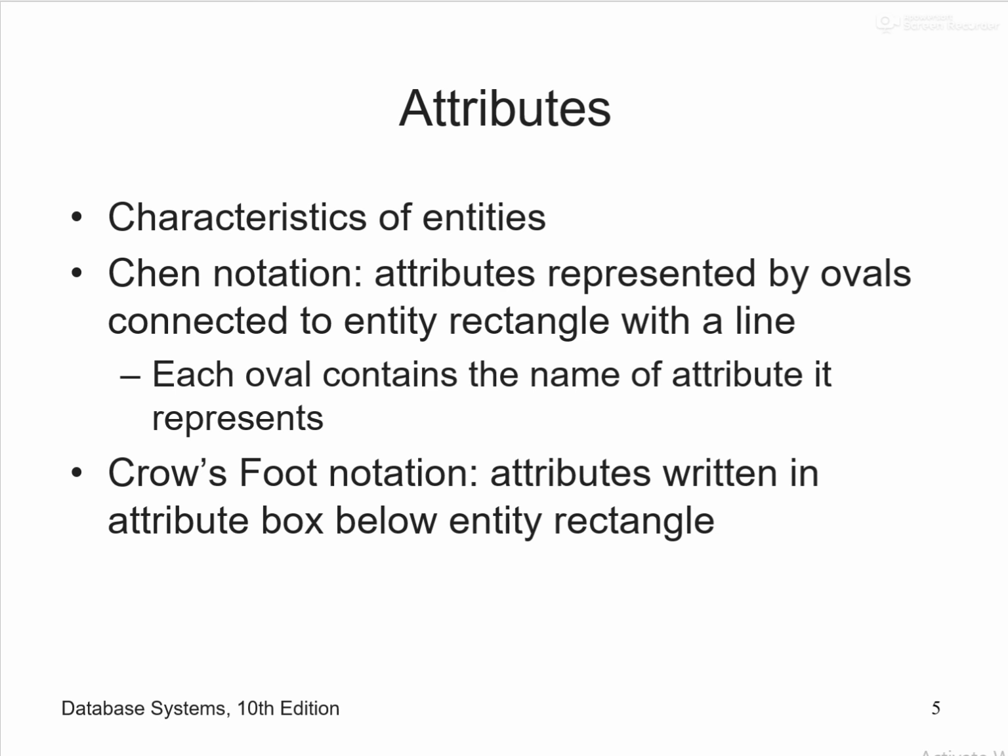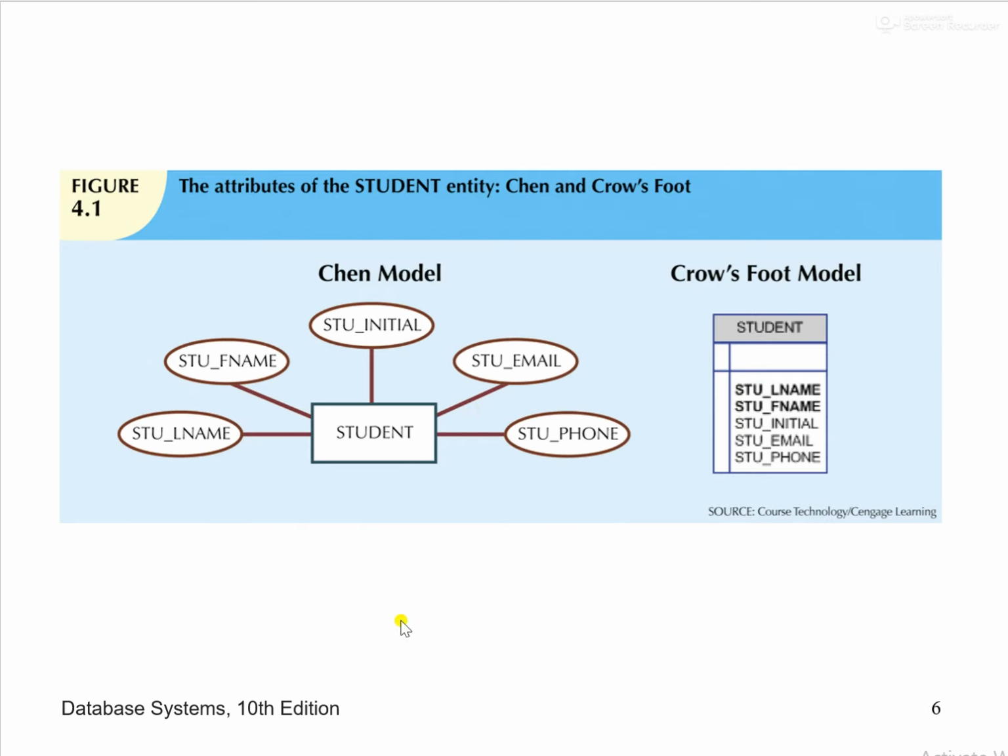Again we follow two different notations to represent attributes. If we are looking at Chen notation, then attributes are represented as an oval connected to the entity rectangle with a line, as shown over here. The entity is a student, we write this entity inside a rectangle, and the attributes are written inside this oval shape, and it is connected to the entity with a line.